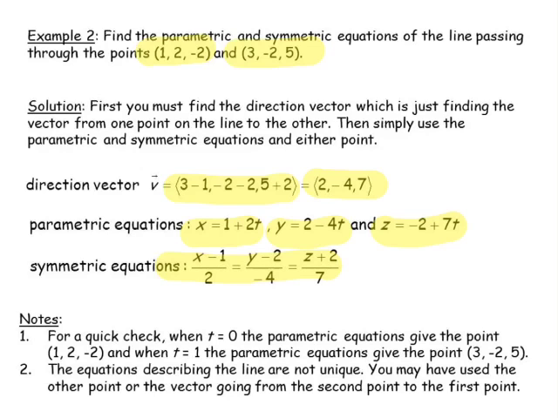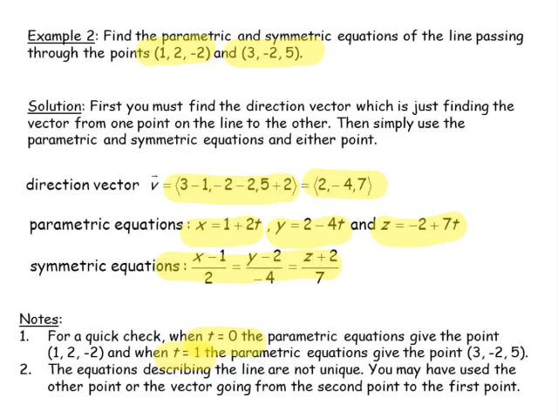Okay. Now, since we could have multiple answers, you can check your answers quickly. You can plug t equals 0 into your parametric equations and you'll see that you get the point 1, 2, negative 2. You also see if we plug t equals 1 into our equations, we get the point 3, negative 2, 5.